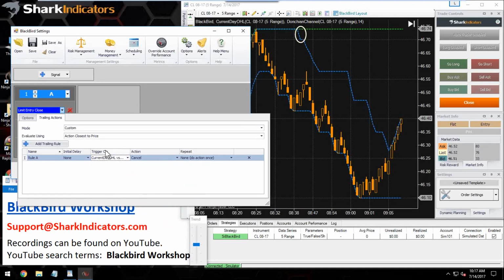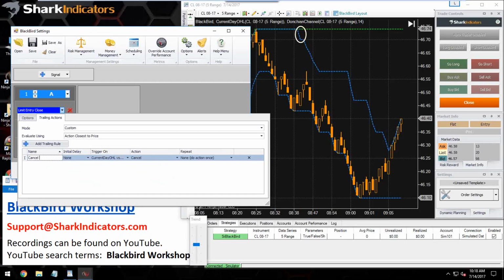We just need to set up our trigger. Our action is going to be to cancel this limit order. And if you cancel an order, you can only repeat that once, right? You can't keep canceling an order that's already canceled, so we can just leave the repeat at none there. Now let's see if we can come up with a better name for this. It's tough coming up with a short name.